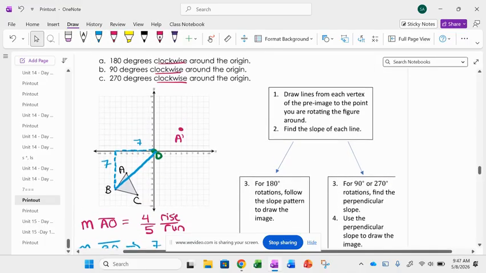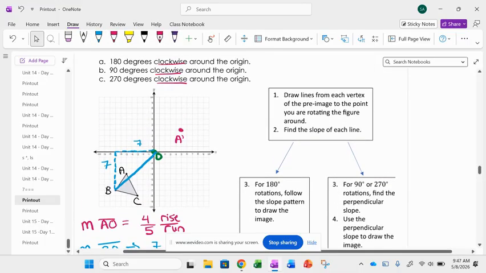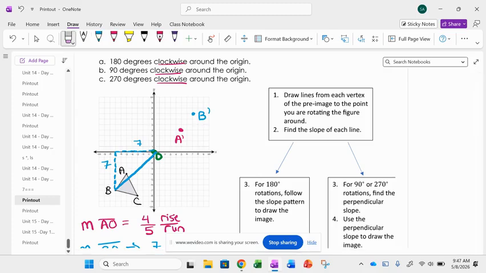So now I'm going to go to my center of rotation. Again, my center of rotation this time was the origin, and I'm going to continue that slope. So I'm going to go up 7 to the right 7, and that's going to be my B prime. And now I have to do this whole process one more time.